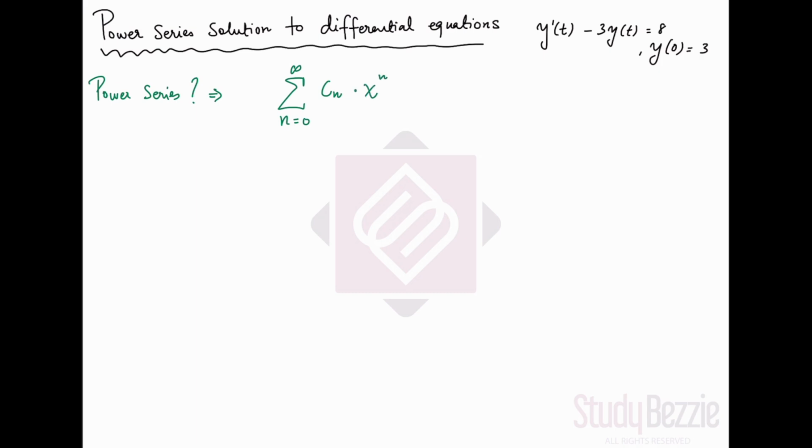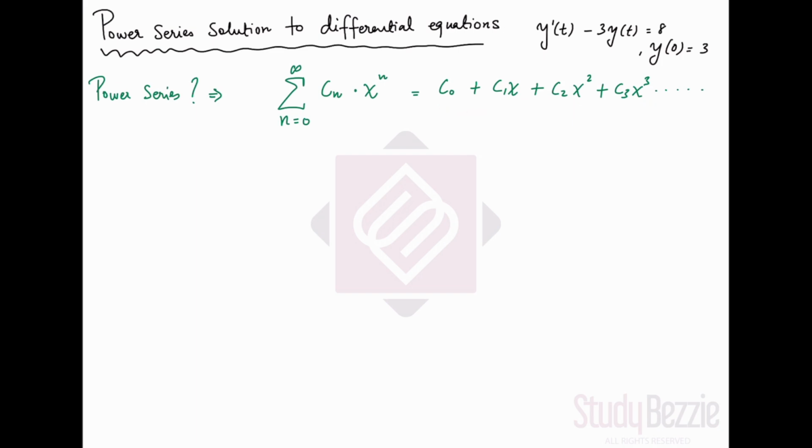Okay, so the expansion of this power series naturally would just mean C0 plus C1 x to the power 1 plus C2 x squared plus C3 x cubed, and it keeps on going forever. So the condensed form of the power series notation looks like this, and its expanded form looks like that. So this is what a power series is.